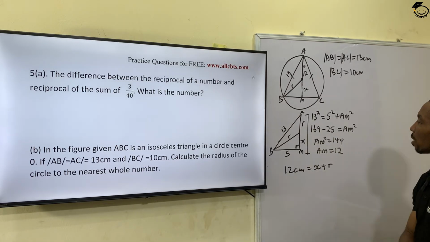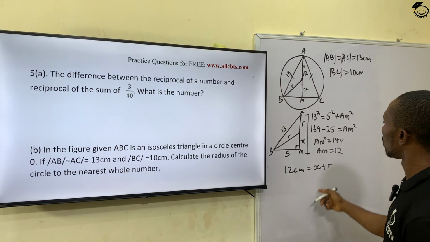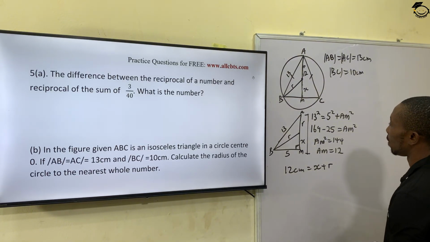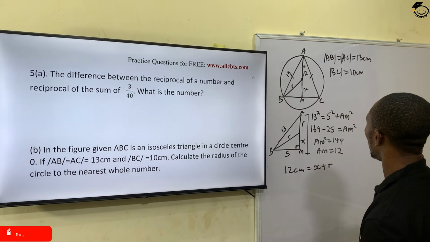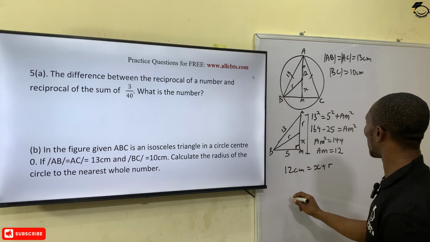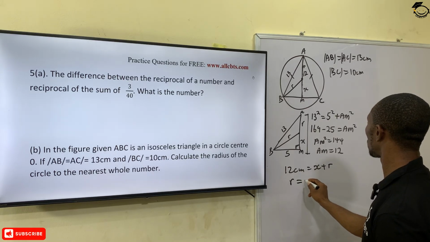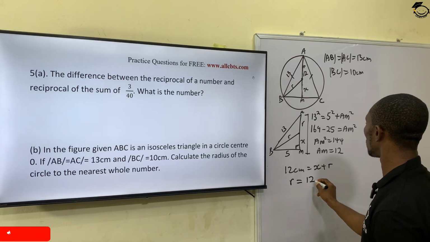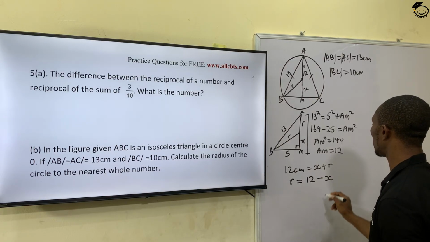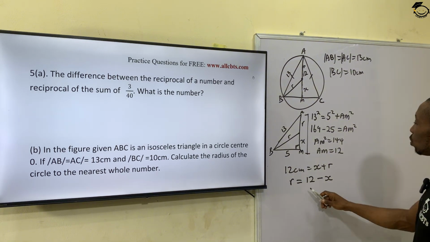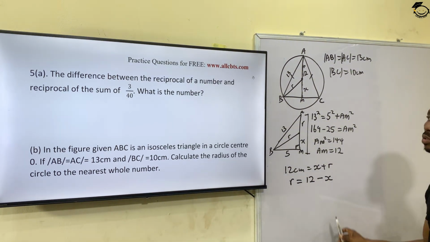Our x plus r will give us our 12 cm. Now, from here, we can have r equals 12 minus x. R equals our 12 minus x.